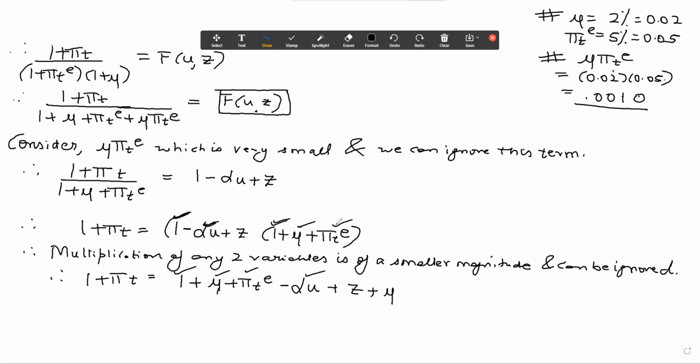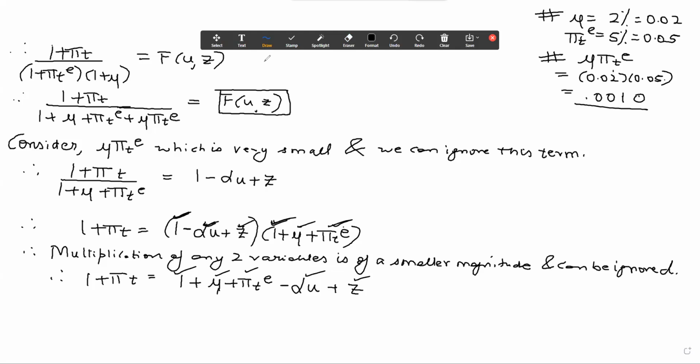Minus alpha u into pi t, ignore. Very small term. Z into 1, z, z into mu, very small, ignore it. Z into pi t, again very small, ignore it. So guys, by mistake I have written mu 2 times, I am removing it. Now this is fine.